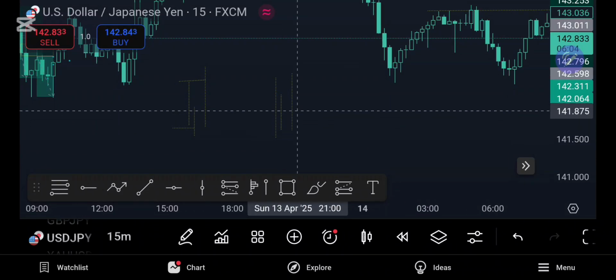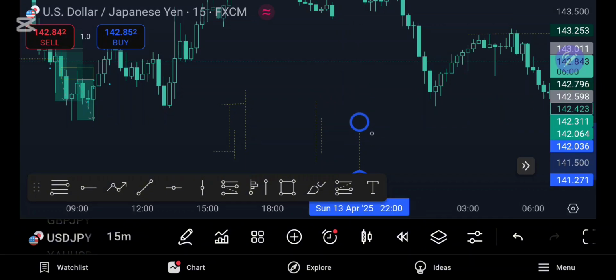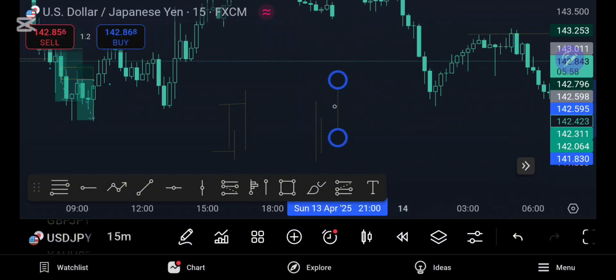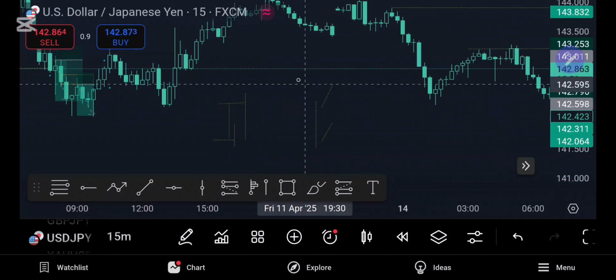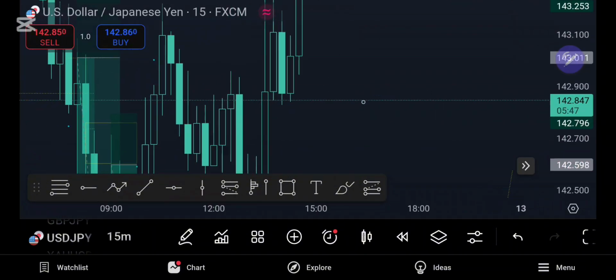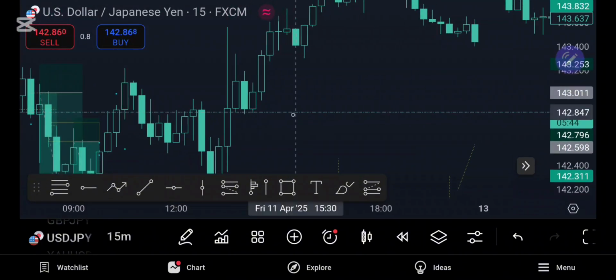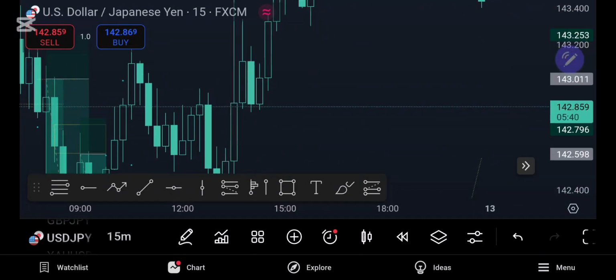It is a force movement in the market, and some people do use it as a swing. Now let me identify a fake swing to you using this chart, right? So this is an example of what we have as a fake swing. Now this market has been moving up, right?